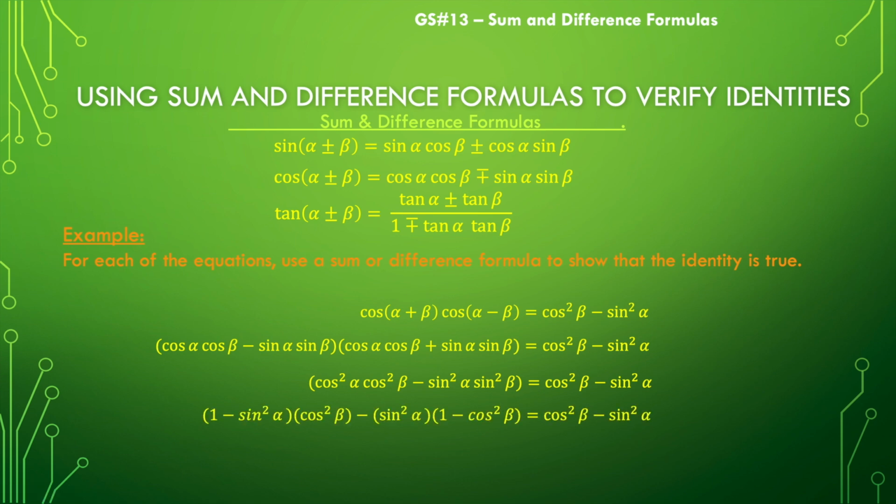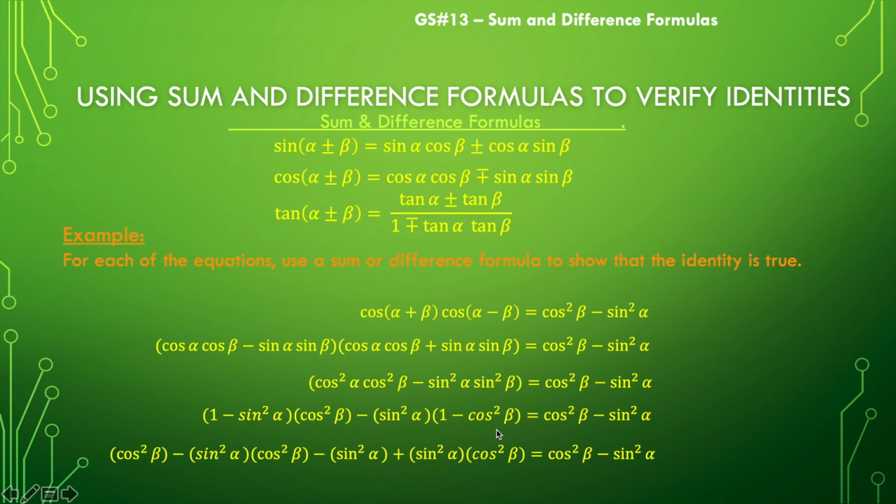Okay, so now this doesn't look like it really did me any good, but let's go ahead and distribute through this cosine squared of beta to both of these terms and this sine squared of alpha to both of these terms and see what happens. Okay, so this will end up being cosine squared of beta minus sine squared of alpha cosine squared of beta, and then I'll subtract sine squared of alpha, and then I'll have plus sine squared of alpha cosine squared of beta.